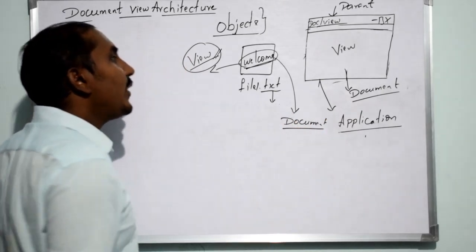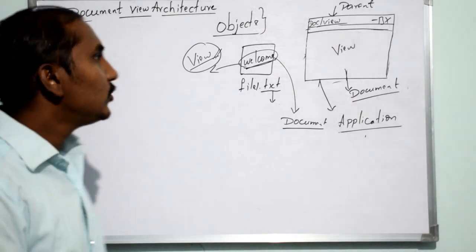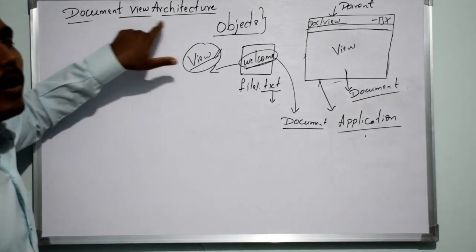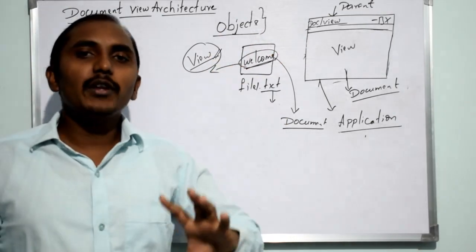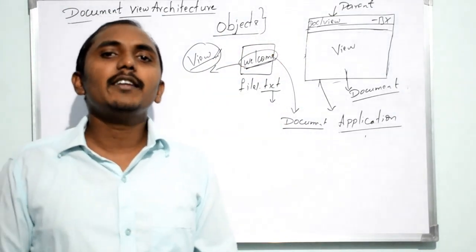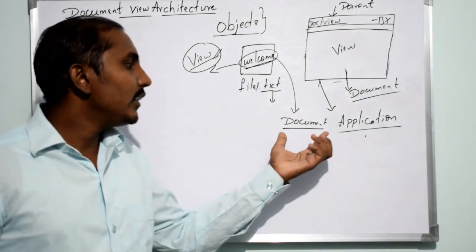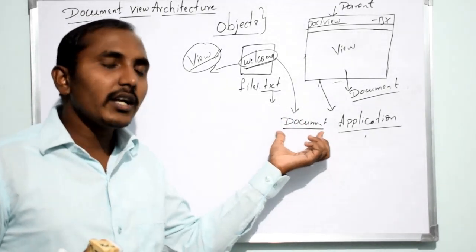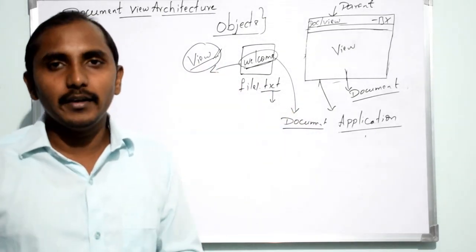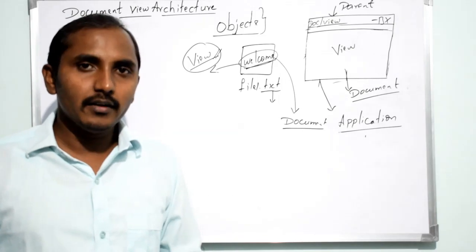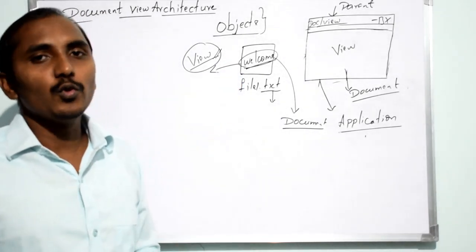So we'll have two different objects, one is document, the other is view. That is why it is called document view architecture. For any kind of information, we store it in two different objects. One object contains the data, that is the document object. The other object contains how it is displayed and in which application it is displayed. That is the view object.